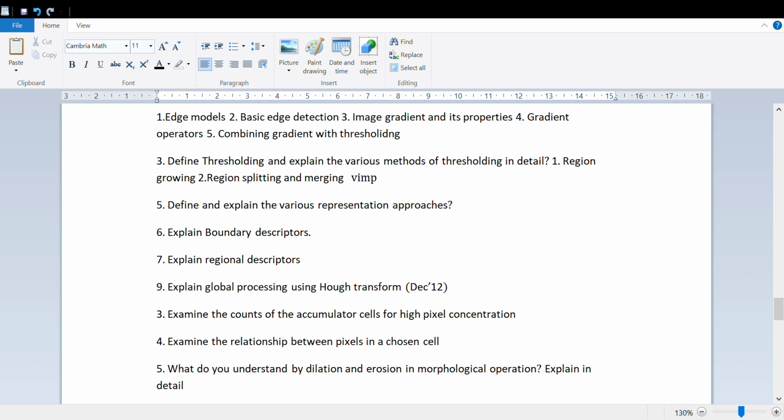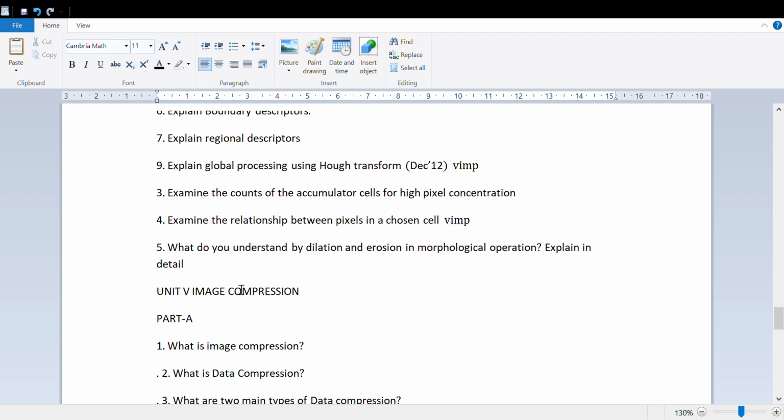Define global processing using the Hough transform. What do you understand by dilation, erosion and morphological operations?